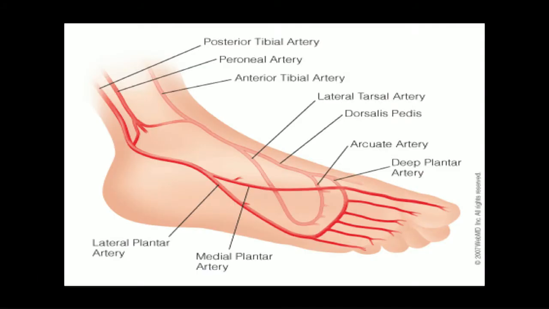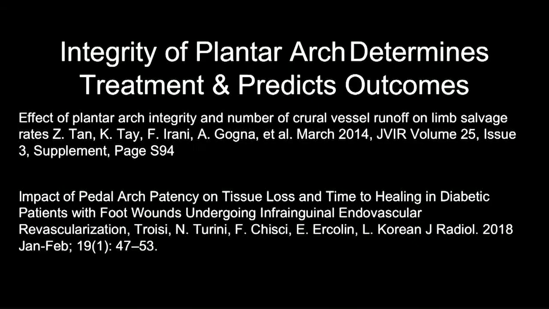Now, the plantar arch is a fairly small artery, but it is the final common pathway for blood going into the toes. More than that, there's a growing body of evidence to say that integrity of the plantar arch in patients with critical limb ischemia is the strongest single determinant for limb salvage. And if it's occluded, then either myself or one of the vascular surgeons needs to go in and recanalize it if they're to massively improve the rate of limb salvage in that patient and try and keep the leg attached.